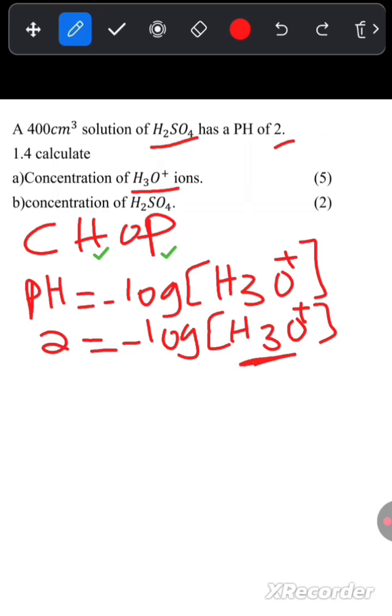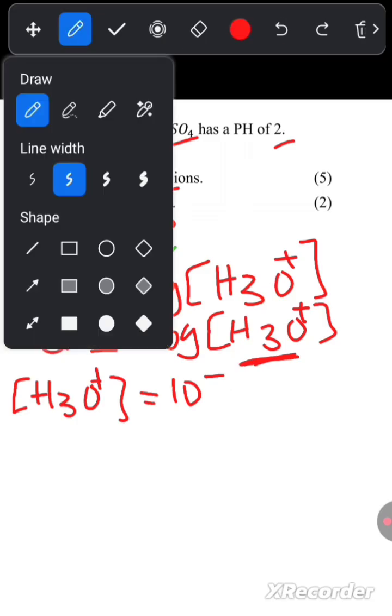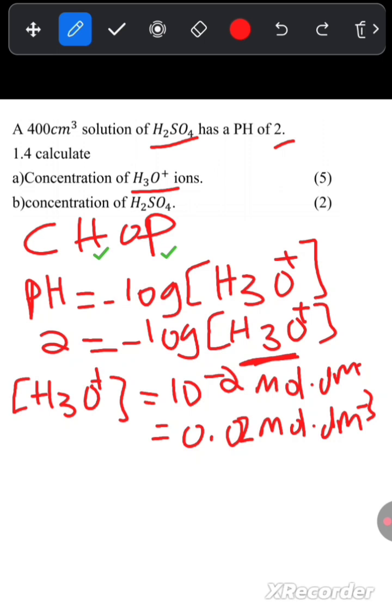To make this the subject of the formula, you say concentration of hydronium ions is equal to 10 to the power negative pH. And what is our pH in this case? It is 2. So this is the same as 0.02 mole per cubic decimeter, if you want it in scientific notation.